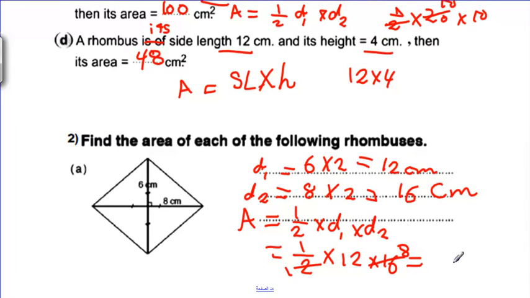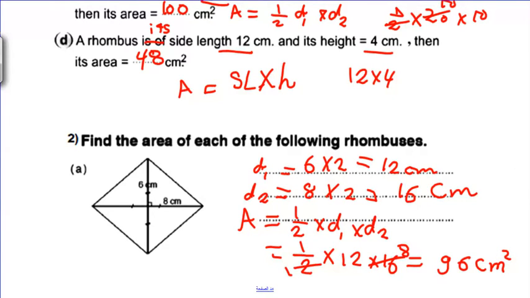Eight times 2 equals 16, 6 and carry 1, 2 times 1 equals 2 and 1, 3... so 96 is its area, so I will write centimeter square.